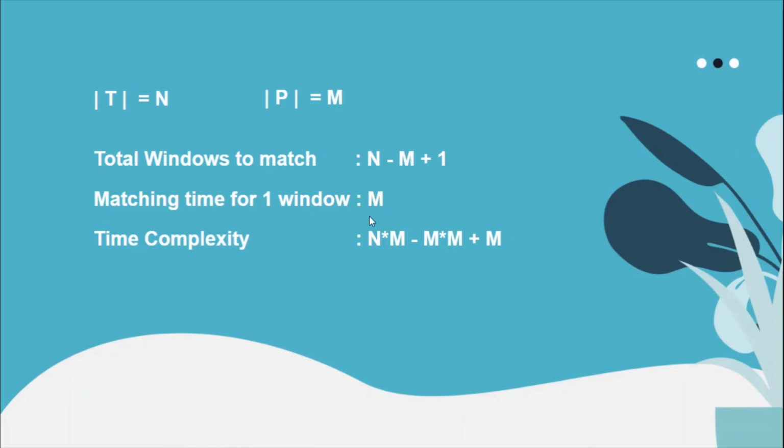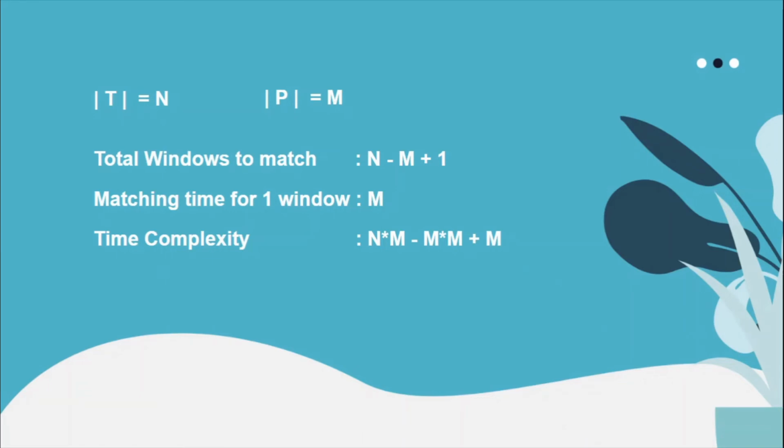This would be this. When you want to find out the worst case complexity, n is very large as compared to m. Usually what happens, it is possible that the text contains a million characters or more than that, and the key that you want to search is not that large.